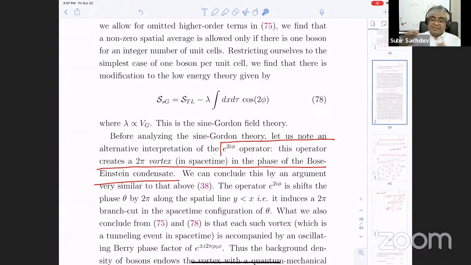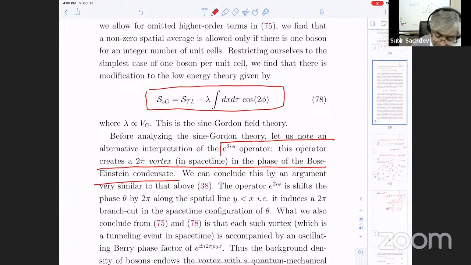And there's another phase where the vortices are all over the place, and that's the Mott insulator. This is the physics of the transition from a vortex bound phase to a vortex deconfined phase. And it's just very nicely described by this very simple field theory here. The Sine-Gordon field theory in this language has the interpretation as a vortex deconfinement transition.